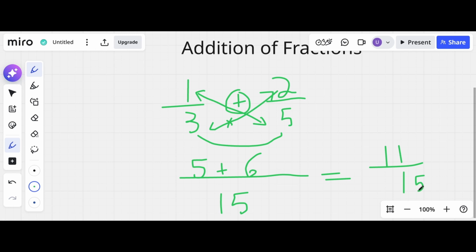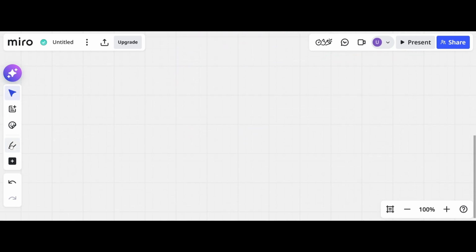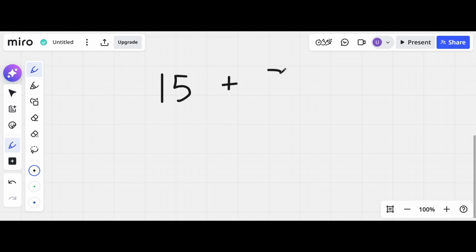Now, this can also be applied to integers, and to the subtraction of fractions. Let's say I have an integer and a fraction, and I want to add them. What I'm going to do is find the common denominator. So 15 is also 15 over 1.